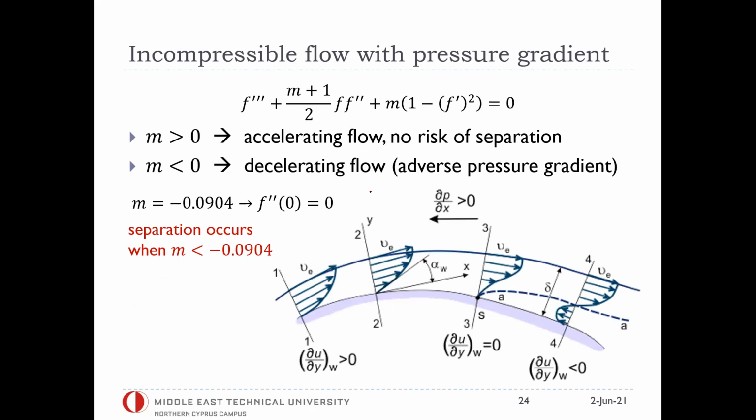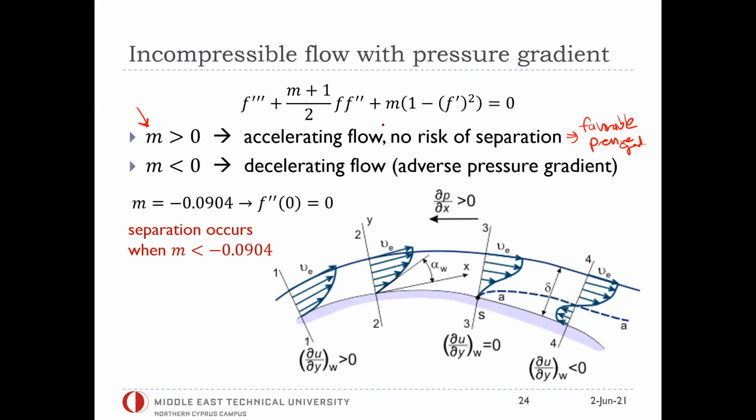But we are not interested in that. We are interested in two cases when m is not equal to 0. First, m could be positive, which corresponds to accelerating flow, the physical case of favorable pressure gradient that we just discussed.